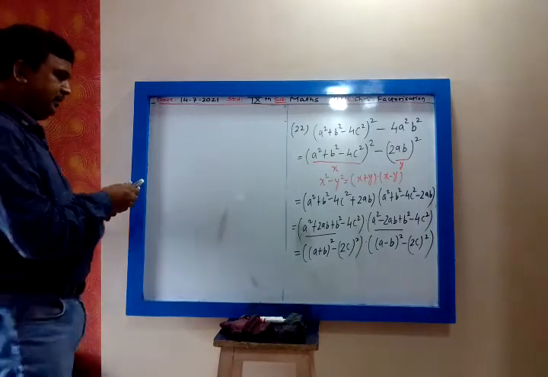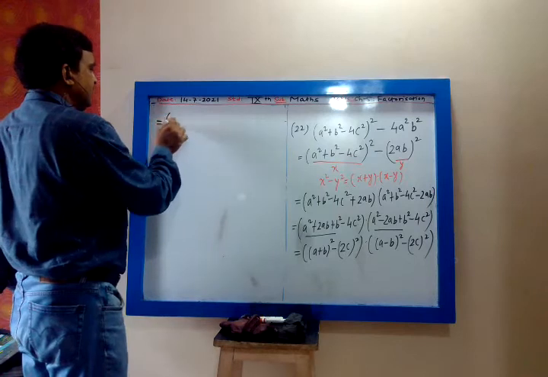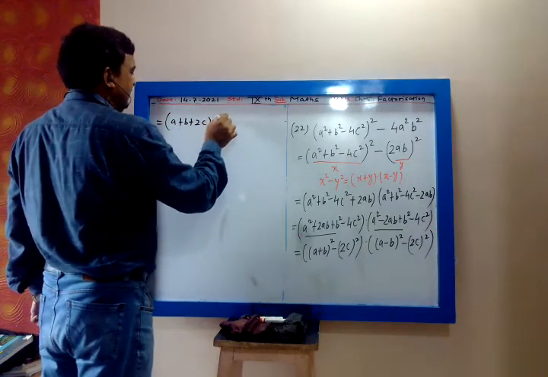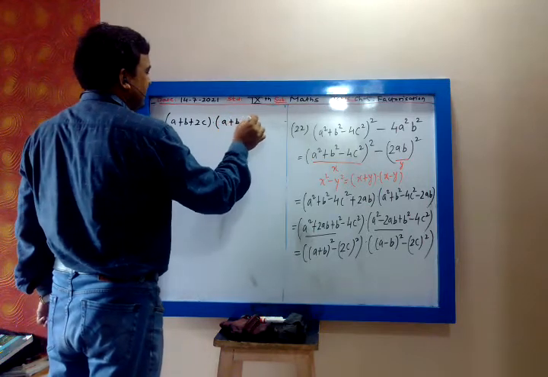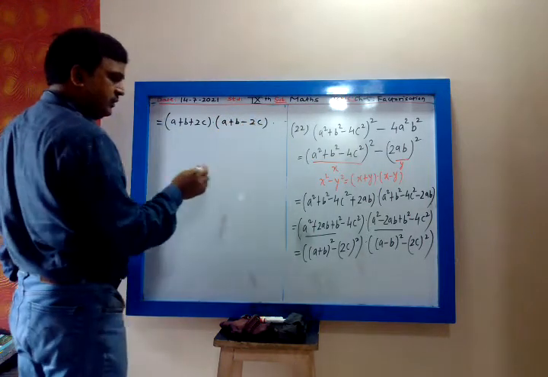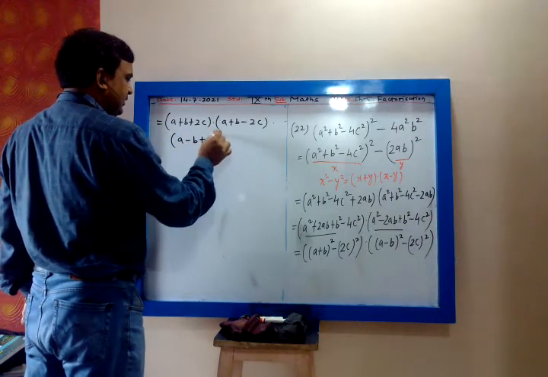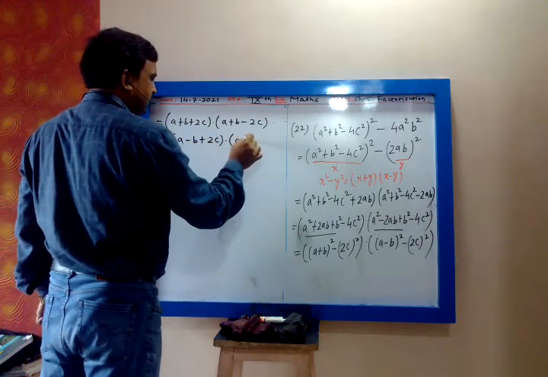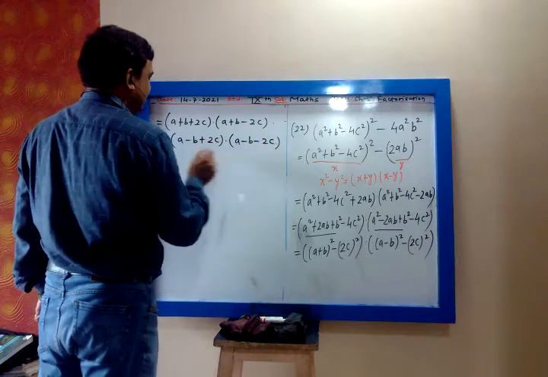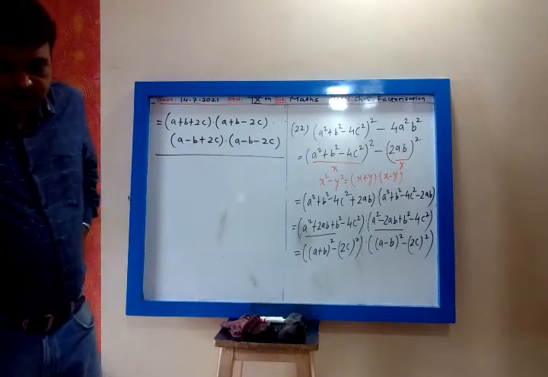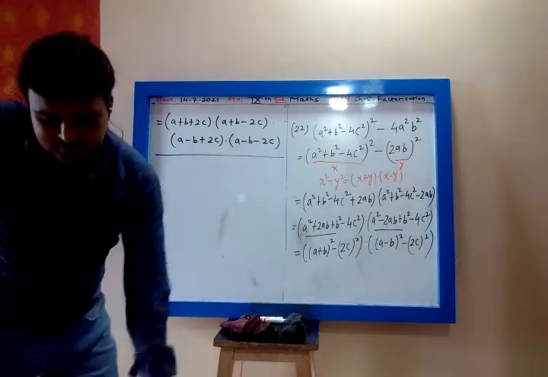So this will be a plus b plus 2c into a plus b minus 2c into a minus b plus 2c into a minus b minus 2c, and this is the final answer. Product of 4 factors. So this is product of 4 factors, that means it is a factorization.